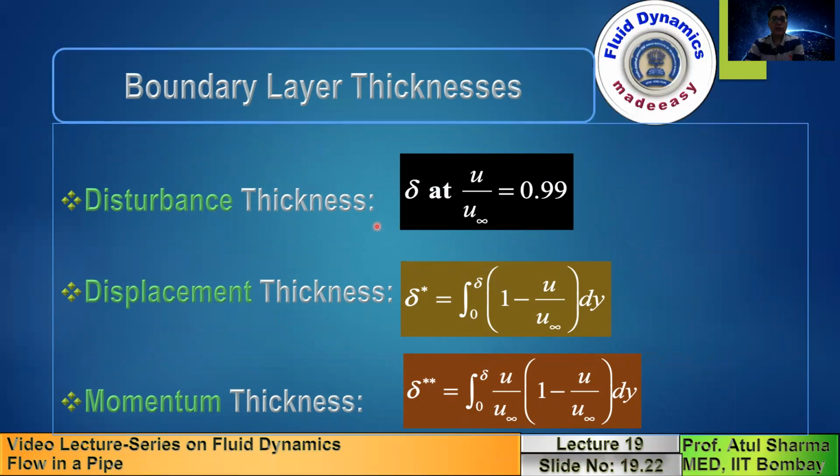In the previous slides I had shown you the definition of the three different thicknesses. The boundary layer thickness is represented by delta. It corresponds to the height of the fluid layer at which the ratio u by u infinity is 0.99. The displacement thickness and the momentum thickness derivations I had shown in the previous slide.